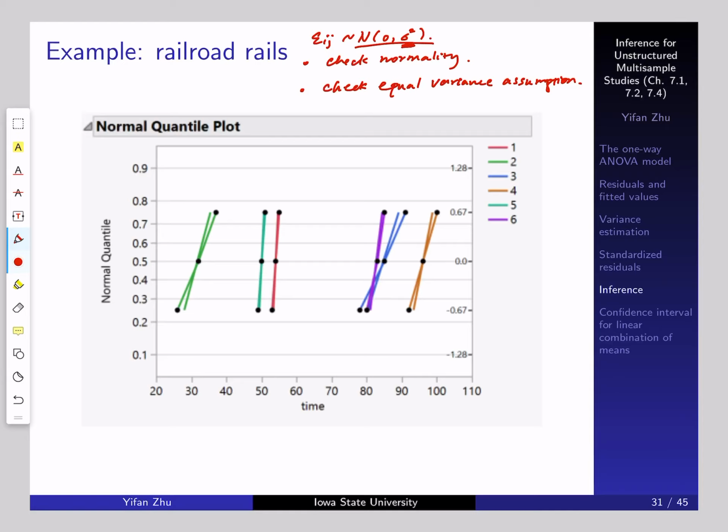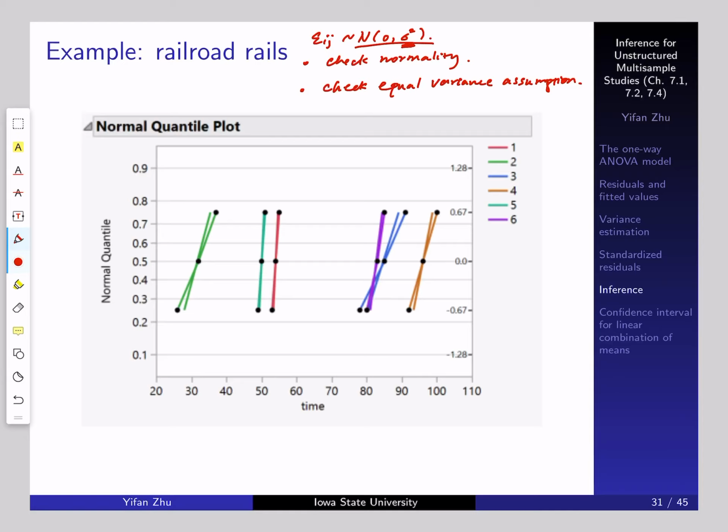They are equal to sigma squared. To do that, we can use the normal quantile plot. The way is that you make the normal QQ plot for all the observations in these 6 groups on the same plot.